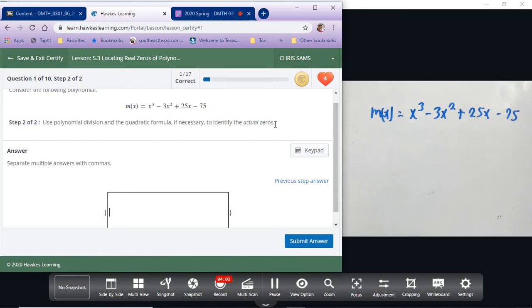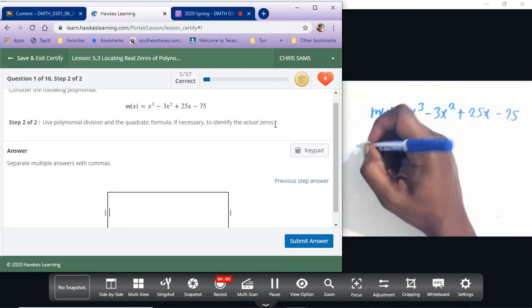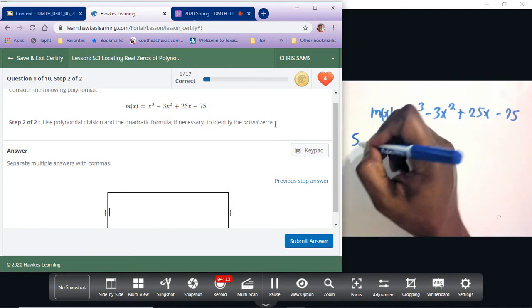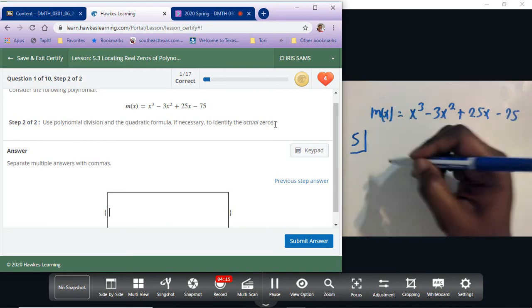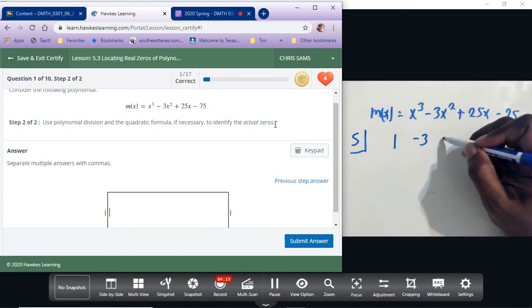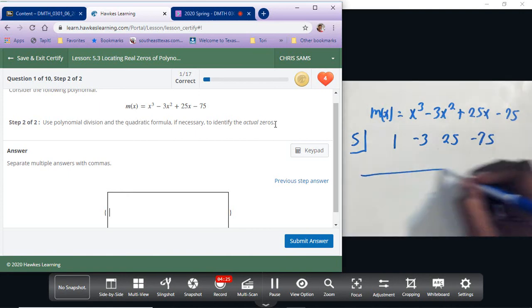What they want you to do, and I recommend just using the calculator and finding the right one, is that out of that list we had, let's just say I want to try 5. I can try positive or negative 5 or whatnot. So I'm going to list 1, negative 3, 25, and negative 75. I'm going to try 5, see if it works.